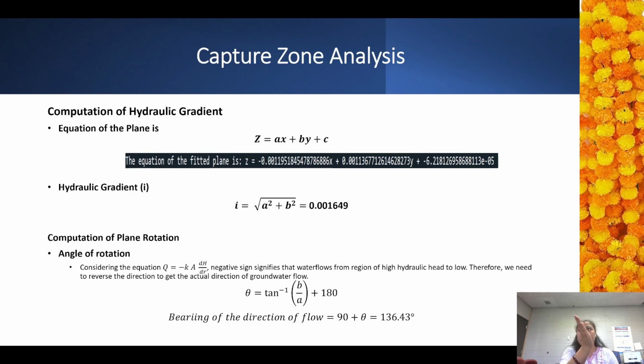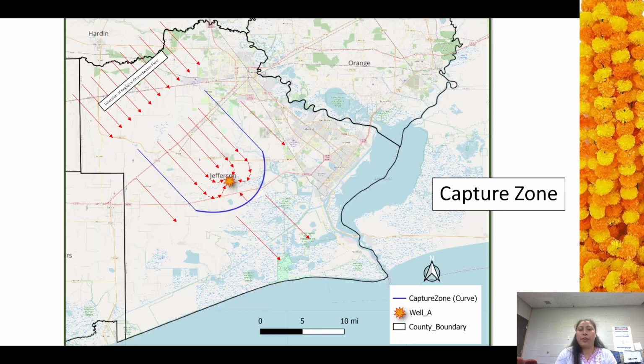So the plane needs to be rotated by some angle. To determine the angle, we use the formula theta equals tan inverse b by a, and to get the bearing, we added it to 90 degrees, and we found out that the plane needs to be rotated by 136.43 degrees to determine the actual plane of flow of groundwater.